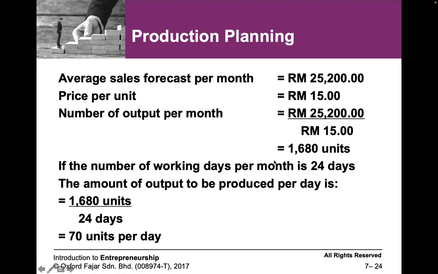Some companies are operating continuously without a break day, but some companies have off days. So you must calculate how many days per month the company is working, in order to get the number of units to produce per day. So this is the example.